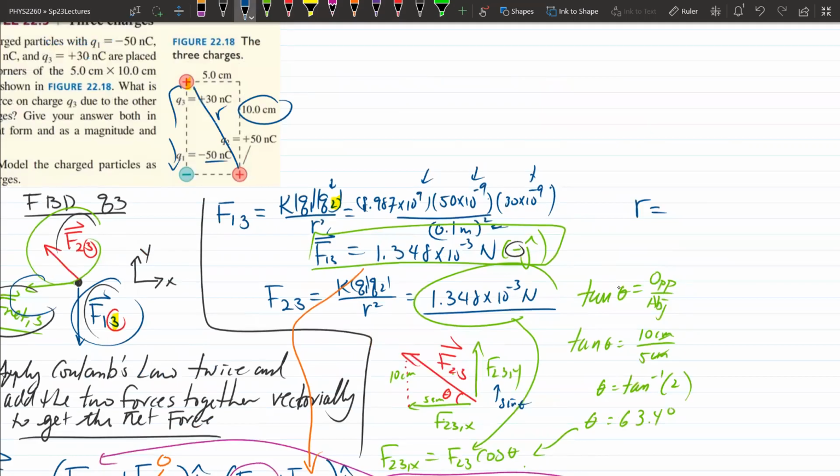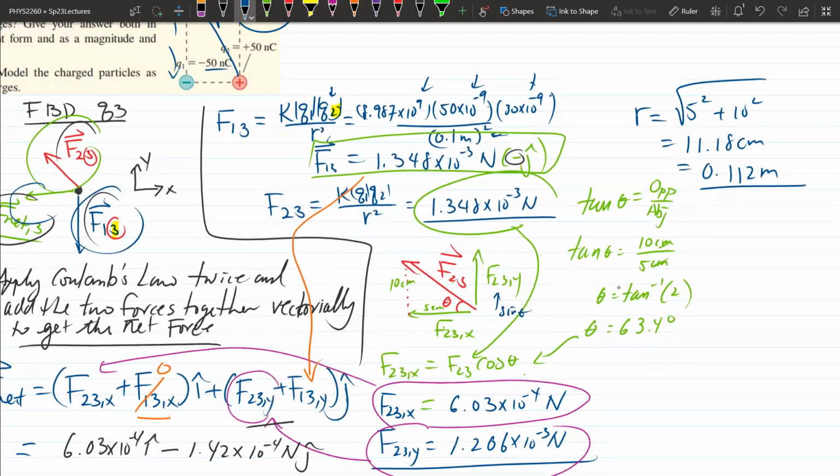So this is going to be 5 squared plus 10 squared, all square rooted, just from the Pythagorean theorem. The distance between them is actually 11.18 centimeters, or 0.112 meters.